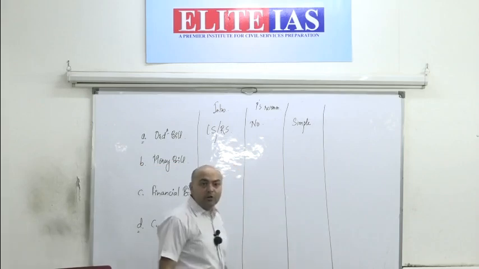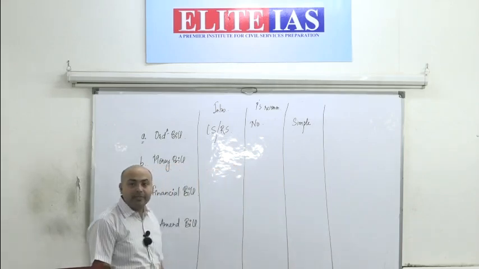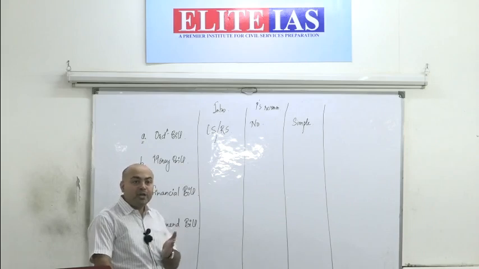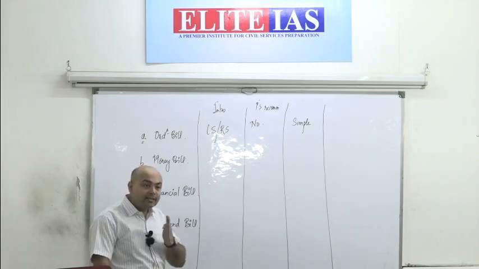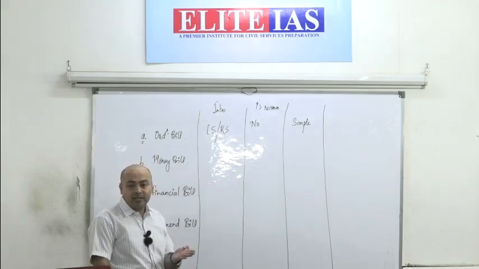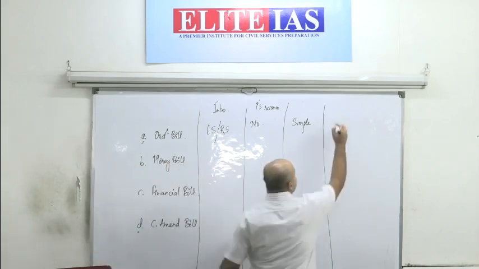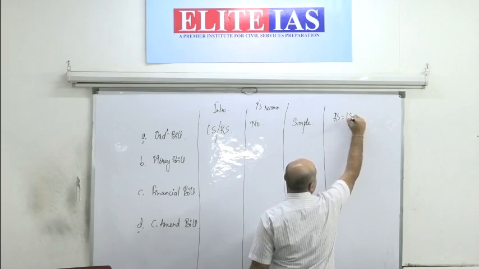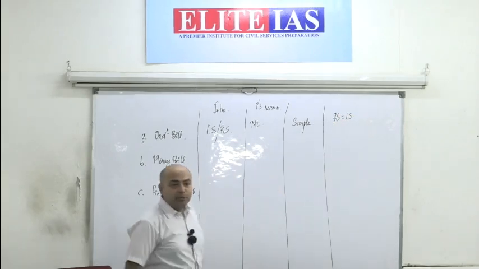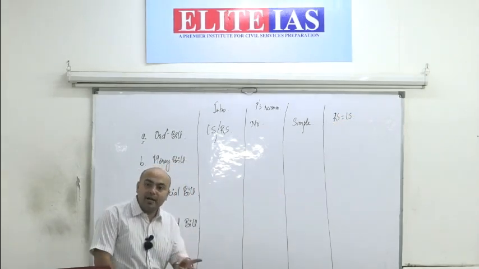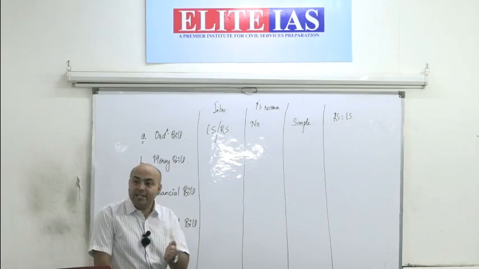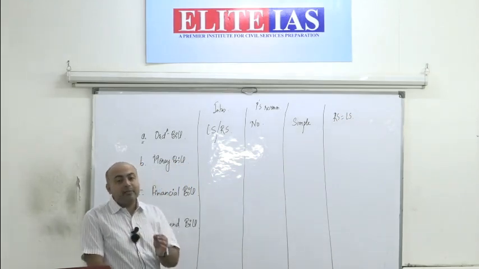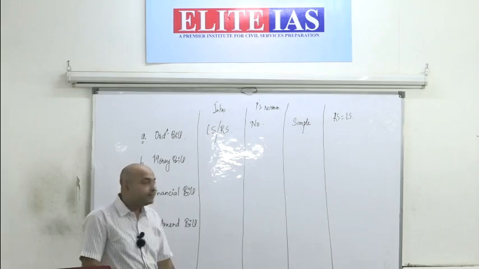Can there be a constitutional deadlock? That means, do the Rajya Sabha and Lok Sabha enjoy equal legislative powers in an ordinary bill? Yes. Both the houses, the Rajya Sabha and the Lok Sabha, enjoy equal powers when it comes to an ordinary bill.